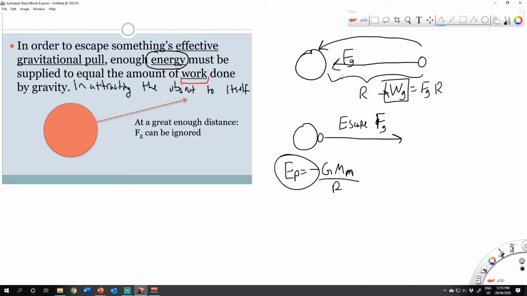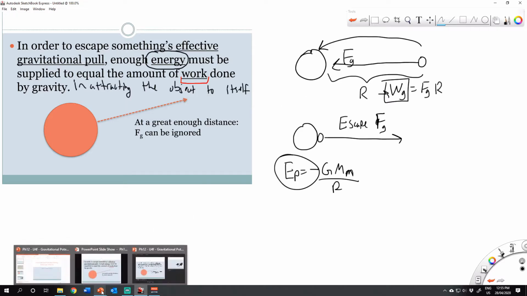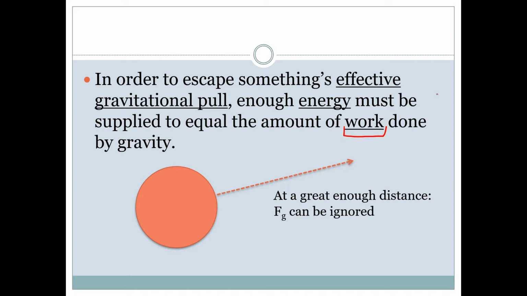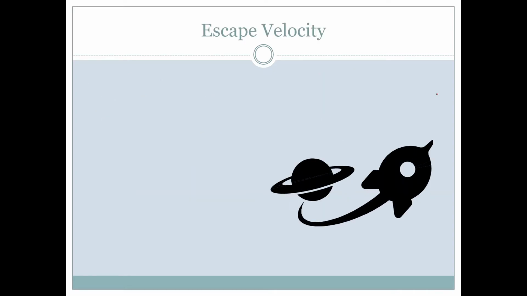Okay. Now, what does this mean for us? Well, by knowing how much energy an object has due to gravity dragging it towards itself, we can determine how much kinetic energy I need to overcome that. And from the kinetic energy needed, I can calculate the velocity that my object would need in order to escape the effect of the gravitational pull of some object or some planet.